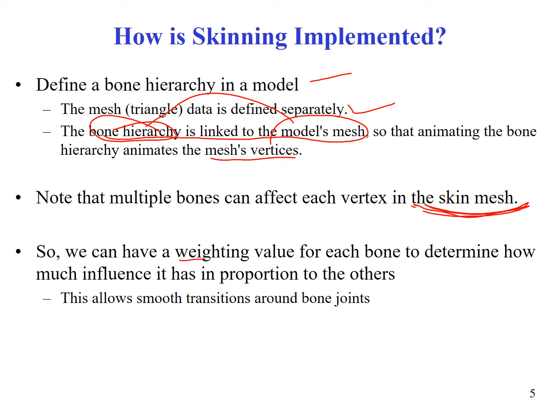We weight the effect of every bone on every point, and generally the bone that is closest to a vertex will have a higher effect on that vertex, whereas bones that are further away will have less effect. Hence at the joints we might end up with vertices that are equally affected by the bones on either side of the joint.